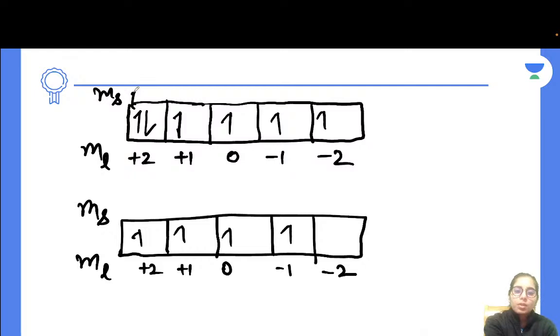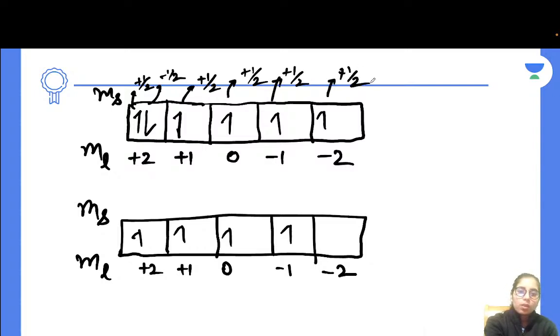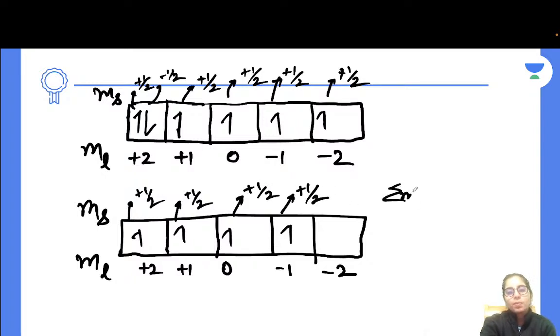It's going to be plus half, minus half, plus half, plus half, plus half, plus half, plus half, plus half, and the last one, the same, plus half. So summation ms here will be 4 by 2, which is 2. Summation ml here will be 1, minus 1, 0 and then 2.